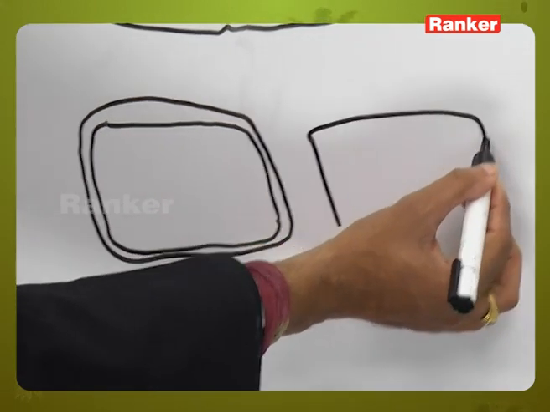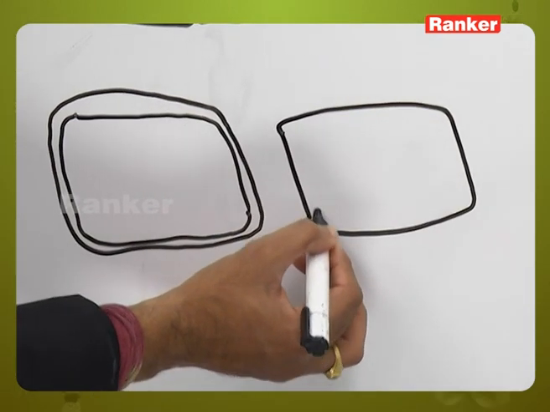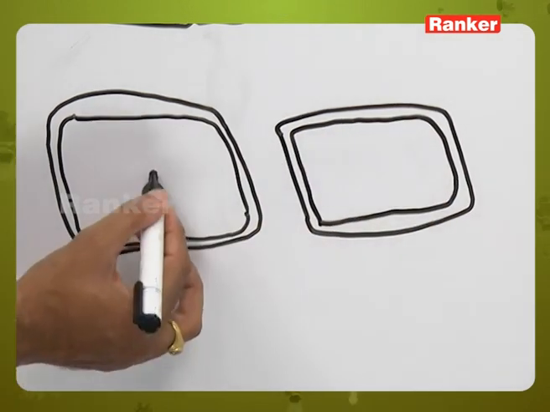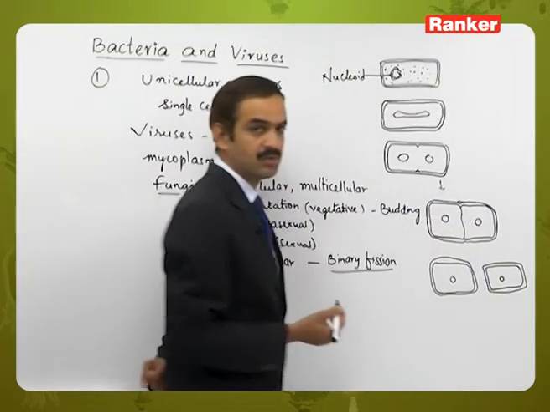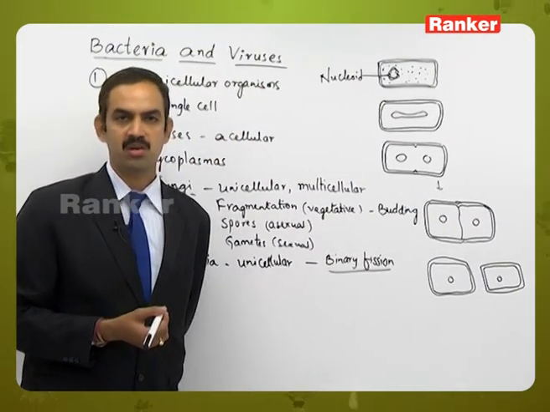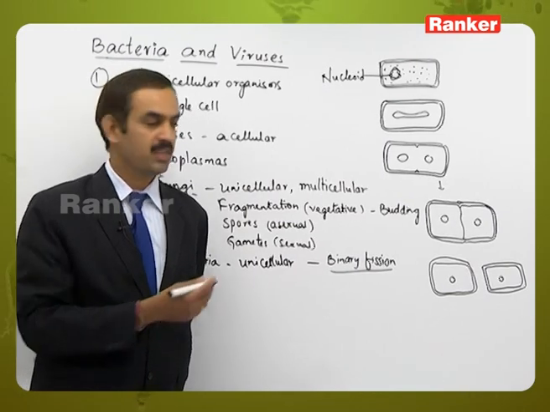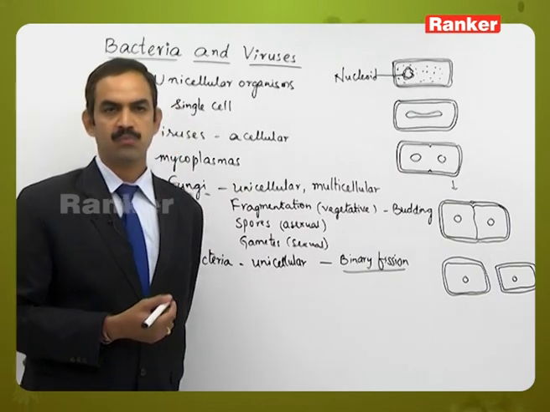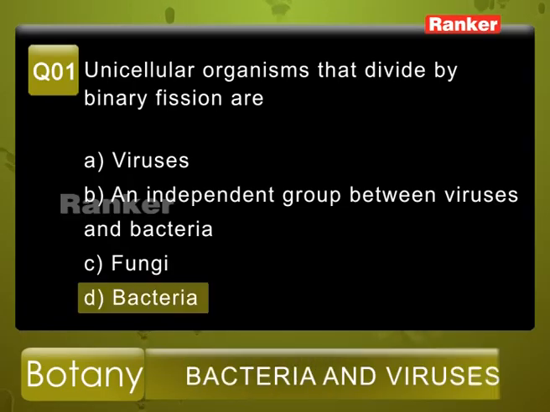This is the common method of reproduction in bacteria during favorable conditions. So out of the given options, bacteria is a unicellular organism which performs binary fission by a vegetative process. From the given options, option D is the correct answer.